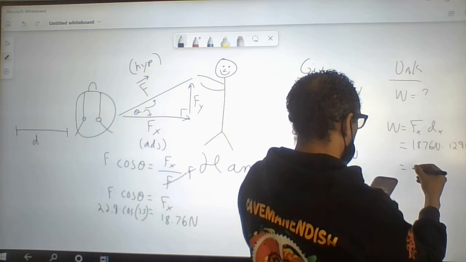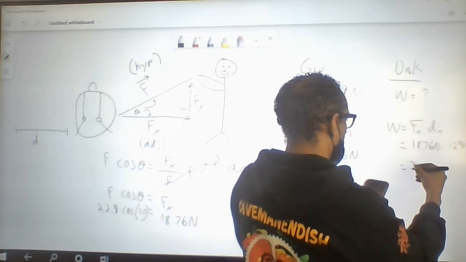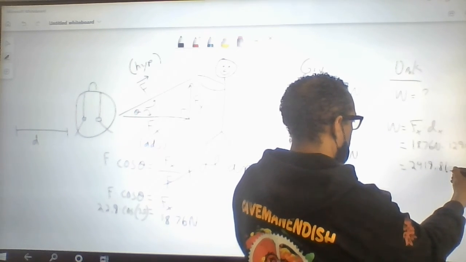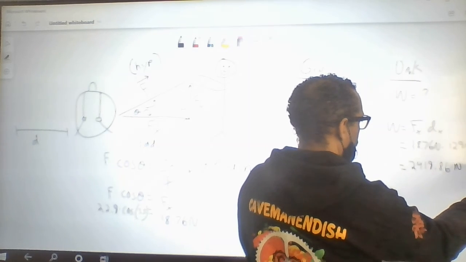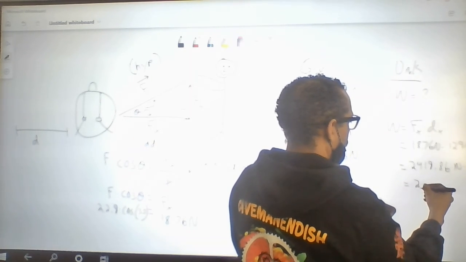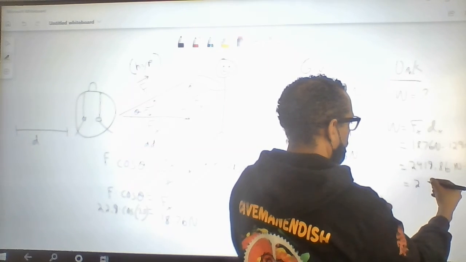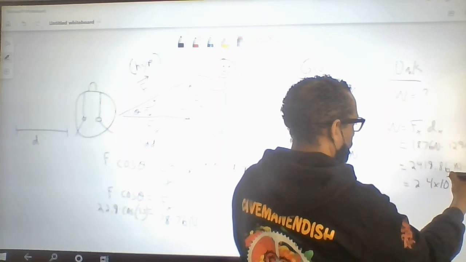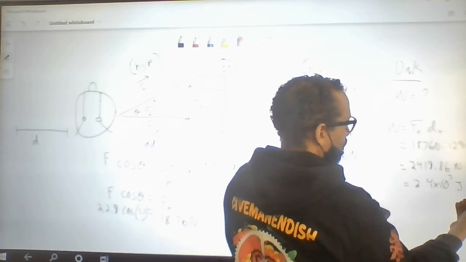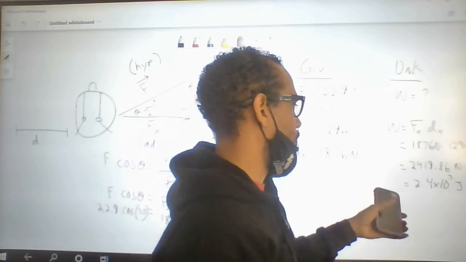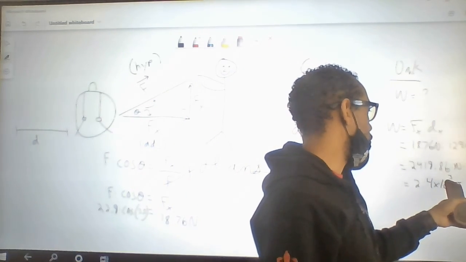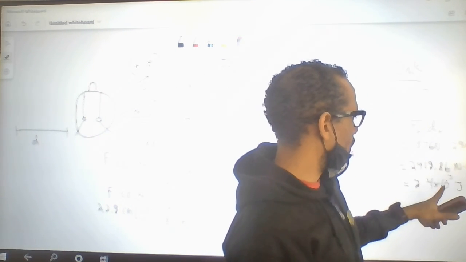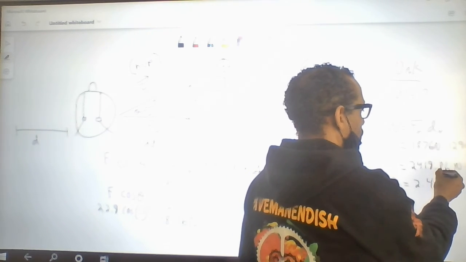So we'll end up getting 2419.86, and this would be a newton meter. You might see it in scientific notation, 2.4 times 10 to the third joules. We can change a newton meter to a joule, and I just put this in scientific notation.